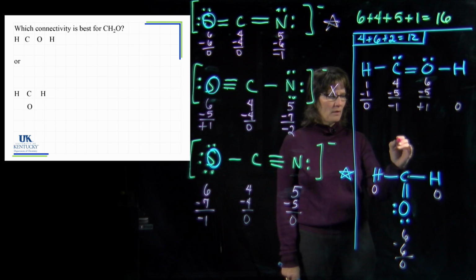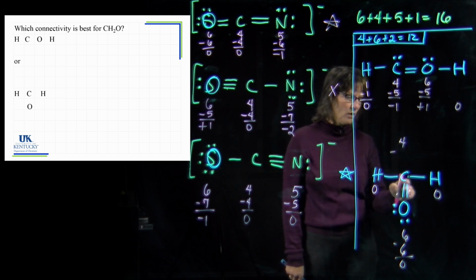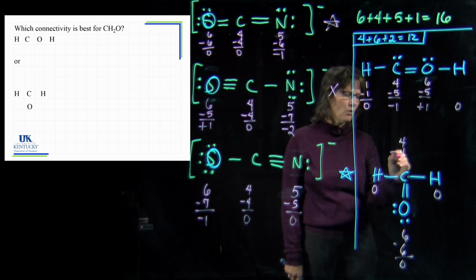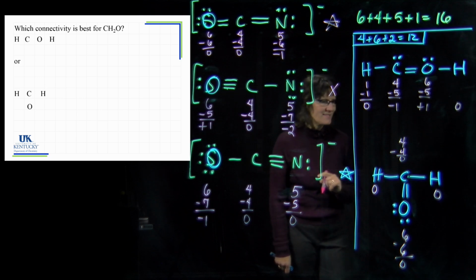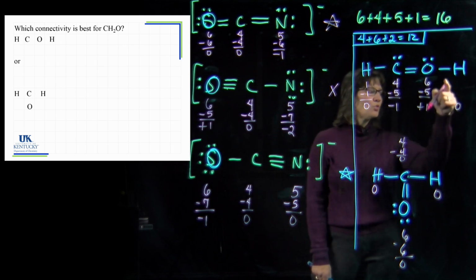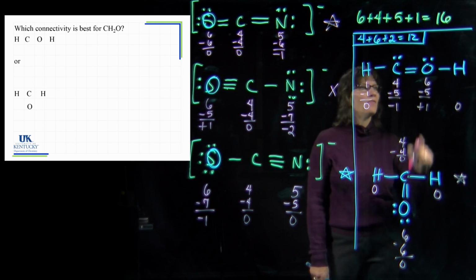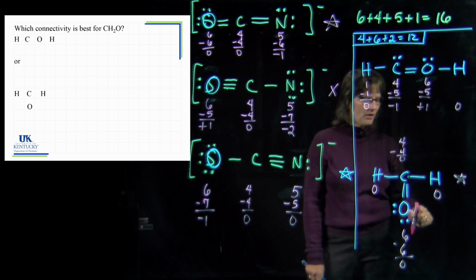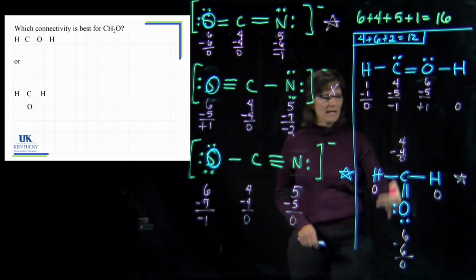Then I come to my carbon, 4 off the periodic table, no lone pairs, subtract 1 per bond, and I'm subtracting 4. So everything in here has 0 formal charges. That's the best. So between these two, I can realize that this is really how they're connecting. They're not connected this way, they're connected this way.